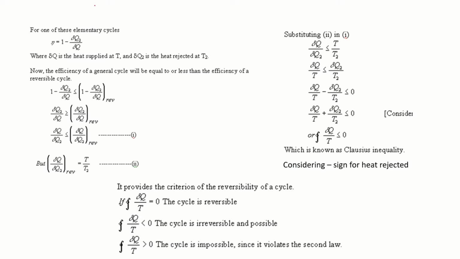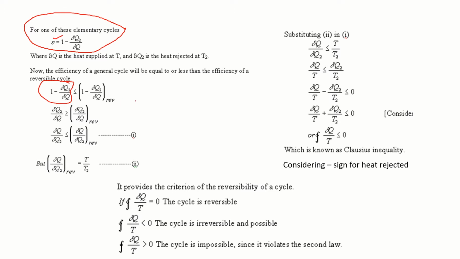Now you know very well, for a reversible cycle, the efficiency can be defined like this: eta is equal to 1 minus delta Q2 by delta Q. Any other cycle also I have defined the efficiency.